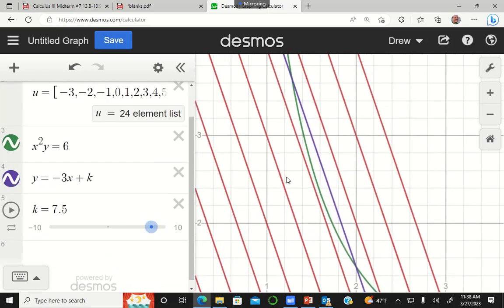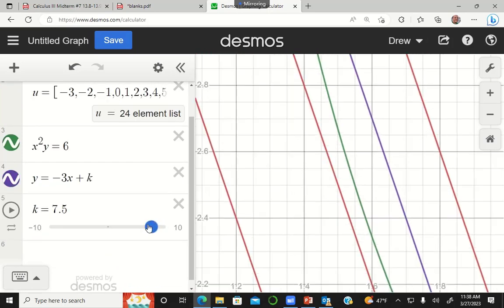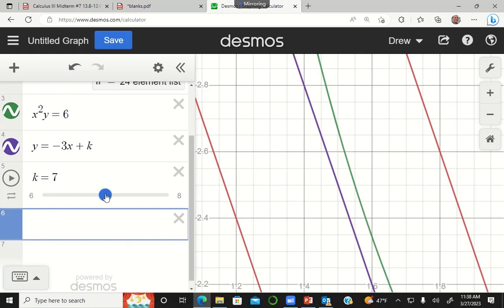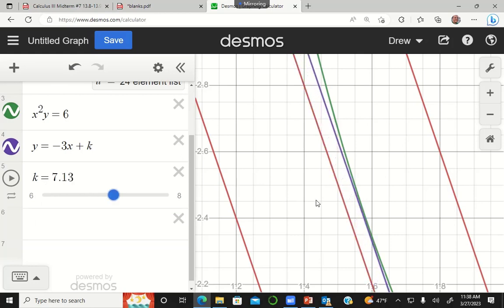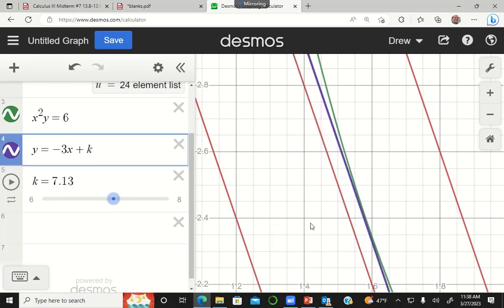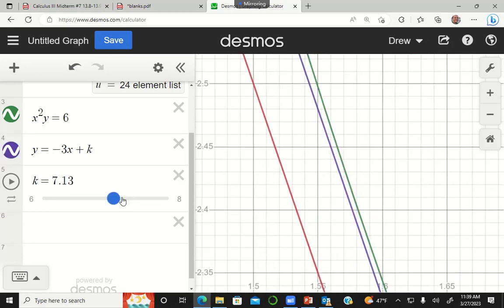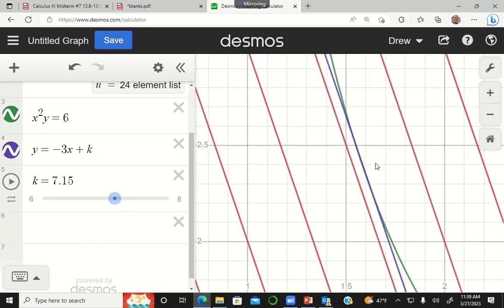Here's a level set that I can move around a little bit and try to fine tune it. It only went to intersect in one spot. Okay, maybe I'm being a little bit too picky.